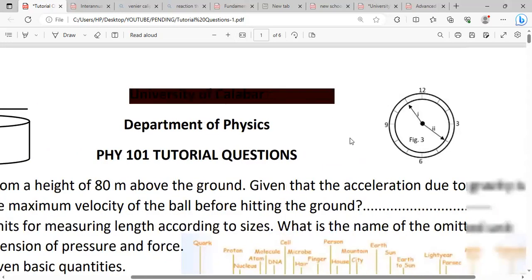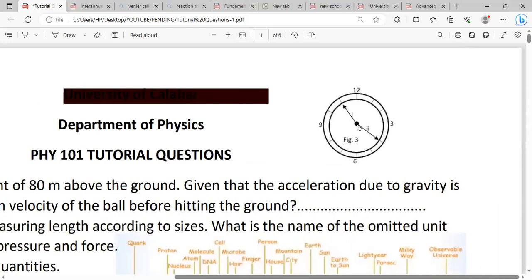The pointer initially pointed at this and then later moved to II.